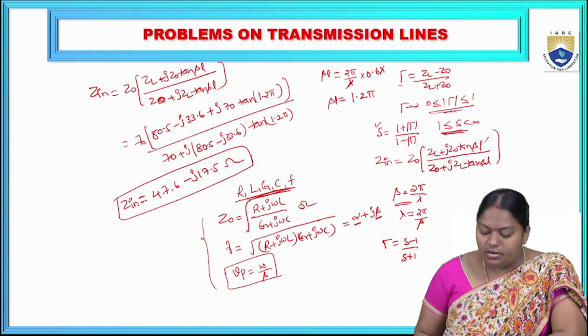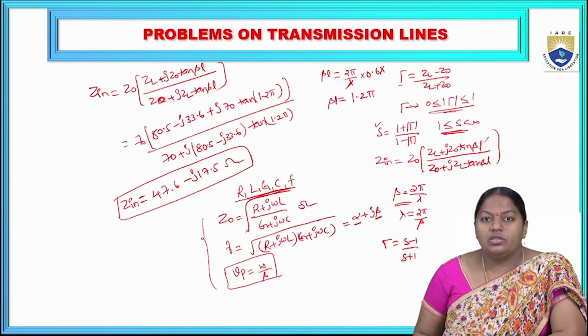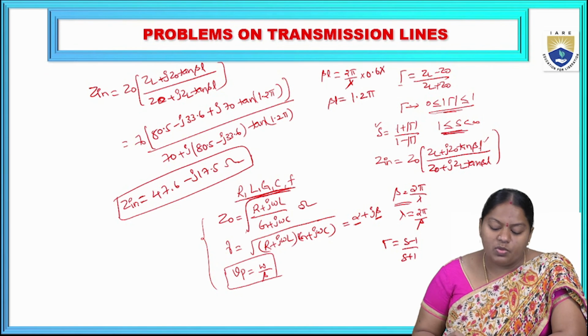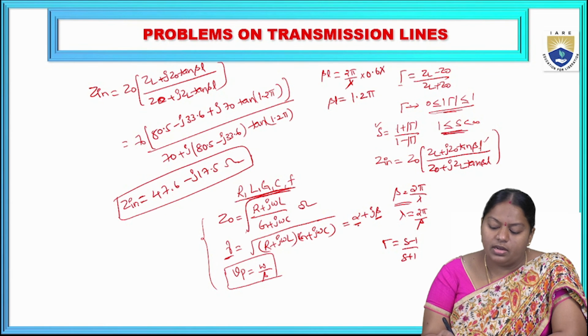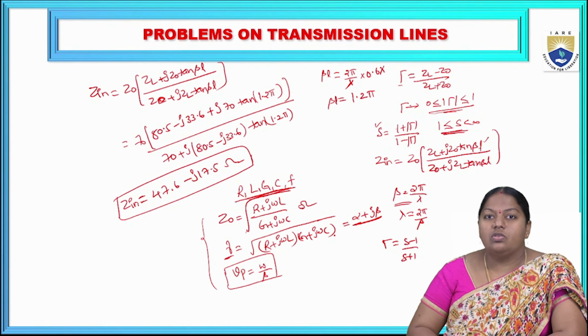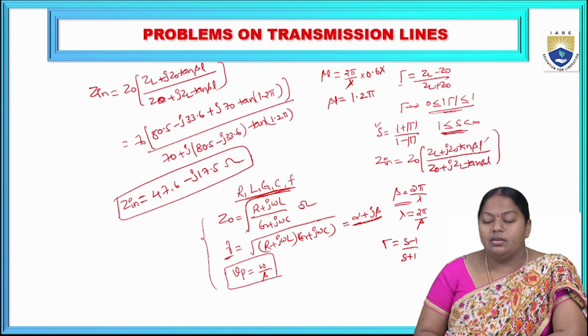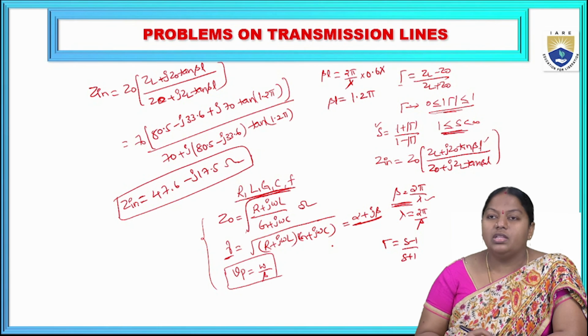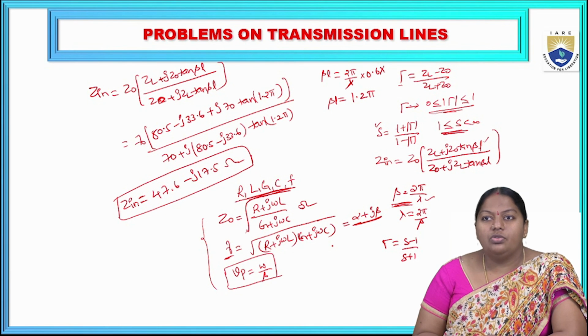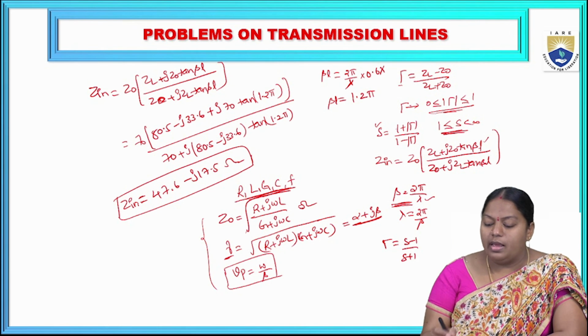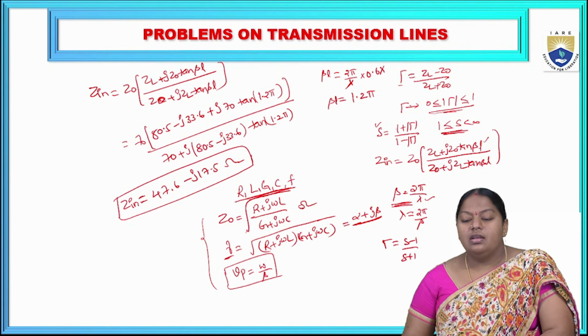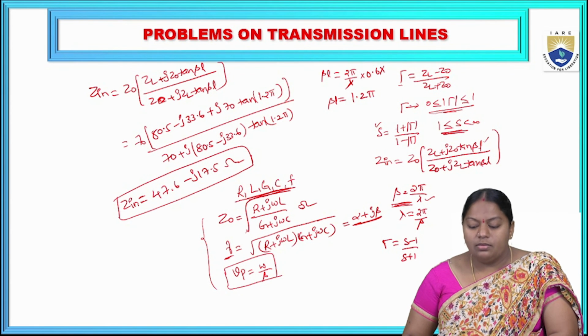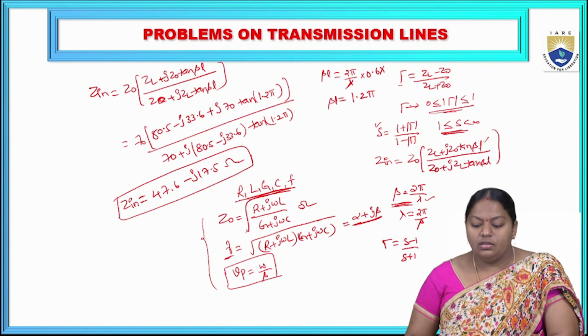Those are the characteristic impedance Z0 and the propagation constant gamma. From the propagation constant, we evaluate the real term as attenuation constant alpha and the imaginary term as phase constant beta. Sometimes to find beta, we use the wavelength formula beta equal to 2 pi by lambda, or lambda in terms of beta, lambda equal to 2 pi by beta.